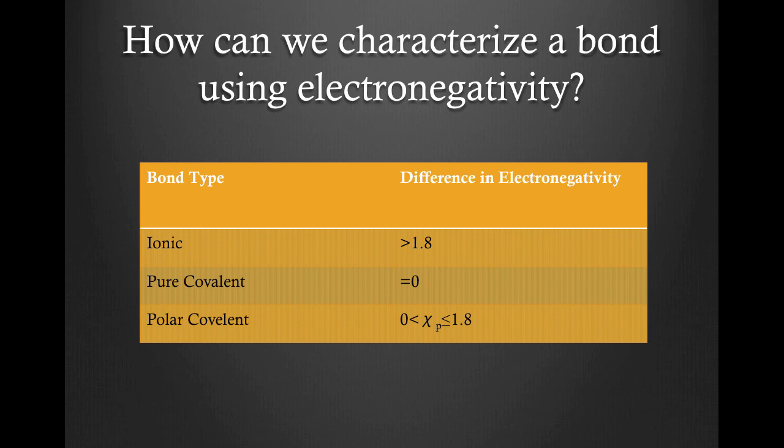A pure covalent substance has an electronegativity difference of 0, and a polar covalent substance, and covalent there is spelled wrong, is between 0 and 1.8. And chi subscript P is going to be our symbol for difference in electronegativity.